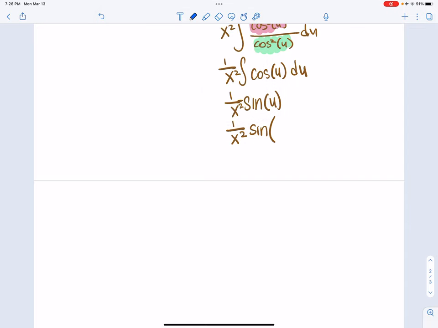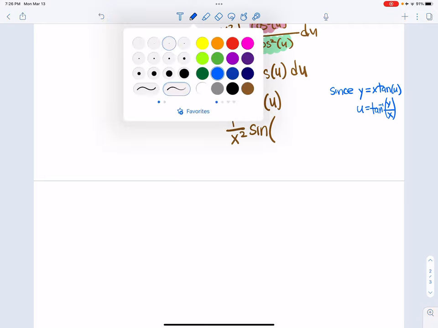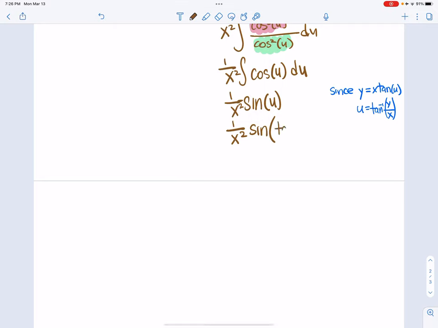So since y was equal to x tangent of u, then u would be equal to the inverse tangent of y over x, right? So now I'm going to substitute that here. That would be the inverse tangent of y over x. Okay.